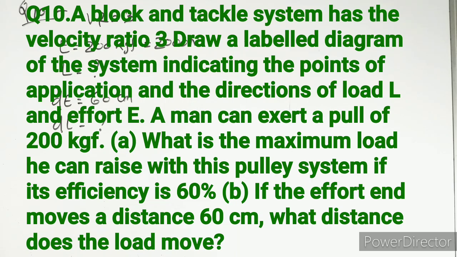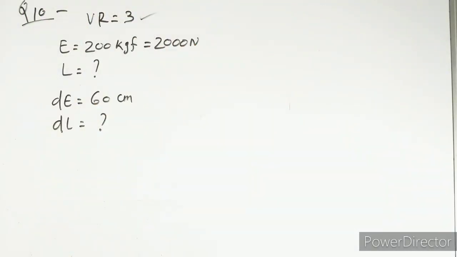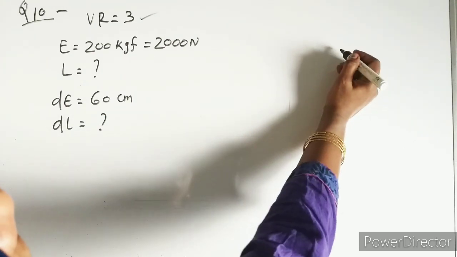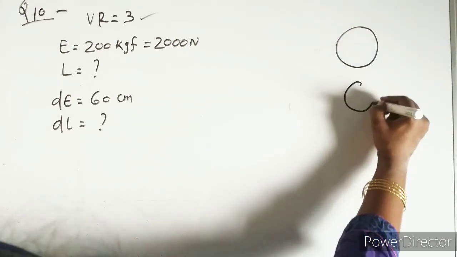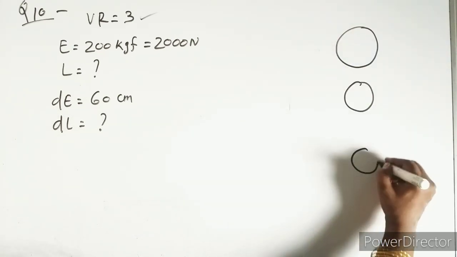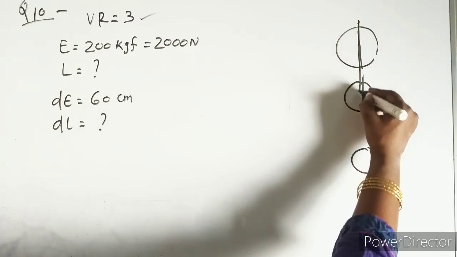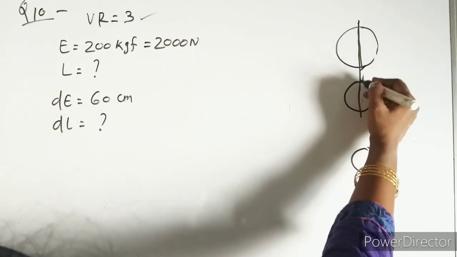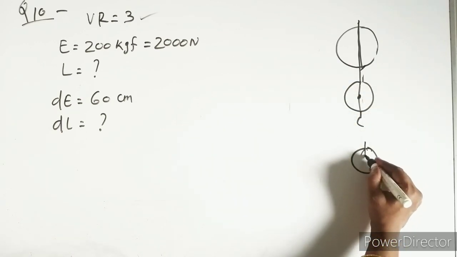Block and tackle system has velocity ratio 3. It is already got. Draw the diagram. For this one we will draw the diagram here. This one will be 2 number of pulleys and this one will be the third pulley. Let us have the simplest diagram. Here this one is another pulley system.